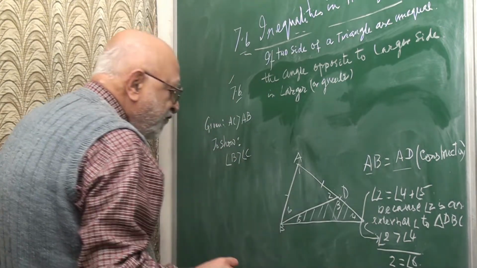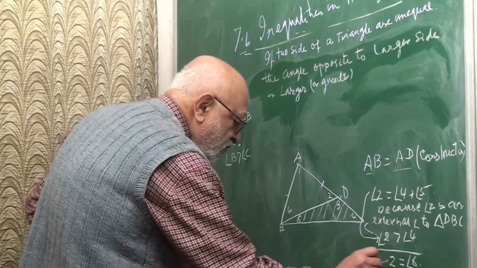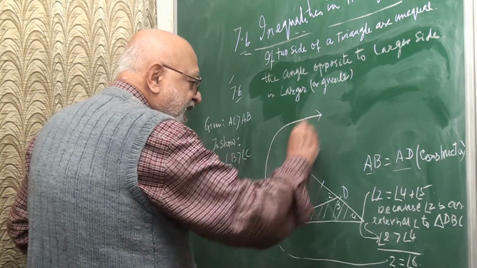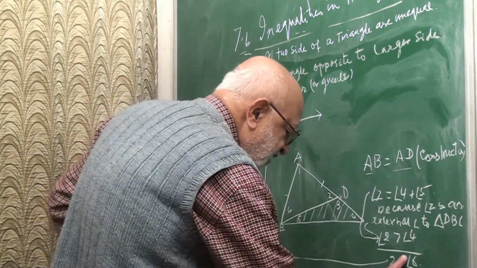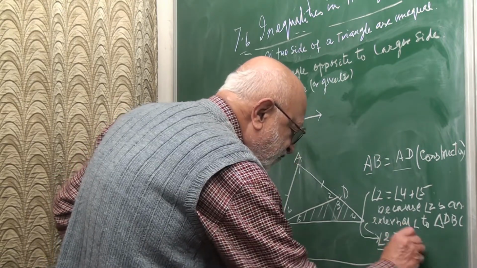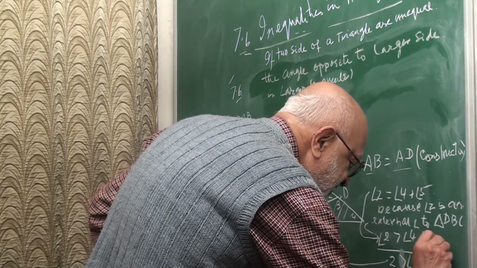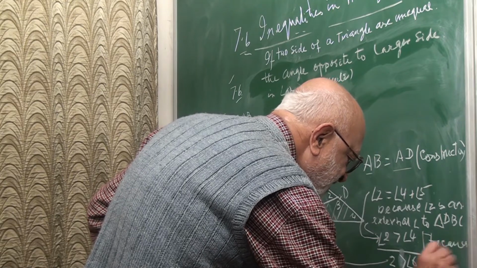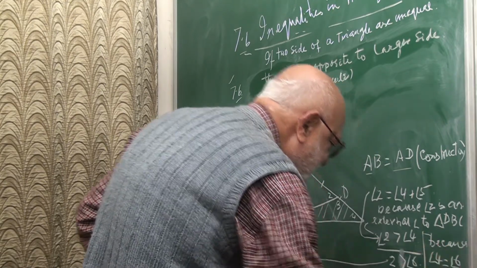Therefore I can go to this side, because there is more space. Angle 2 is greater than angle 4, and angle 4 is equal to angle 6.